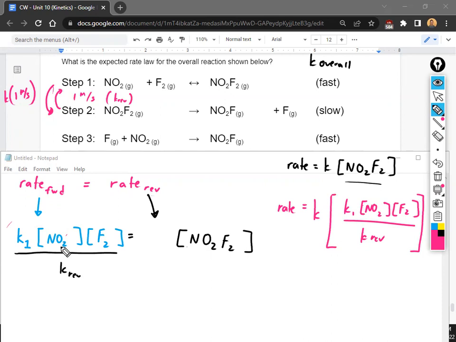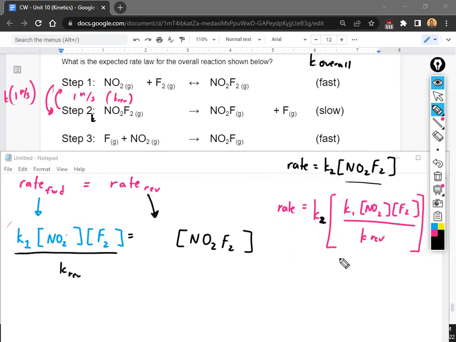We're just doing some algebra here. Oh, and sorry, this is gonna be K2 also. I forgot to add this, but again, it's the K value for step 2, so this should be K2, my bad.